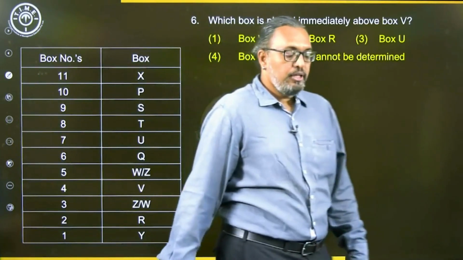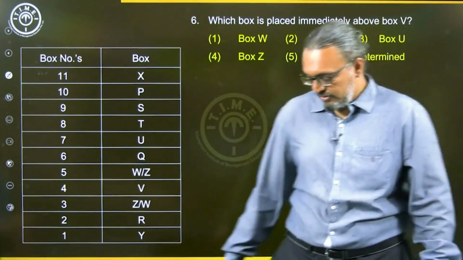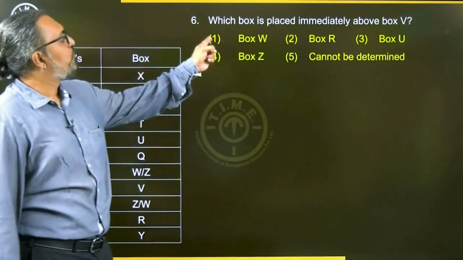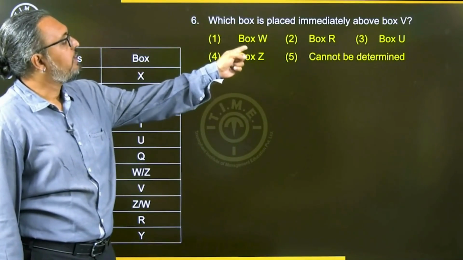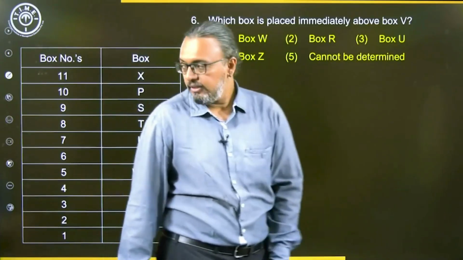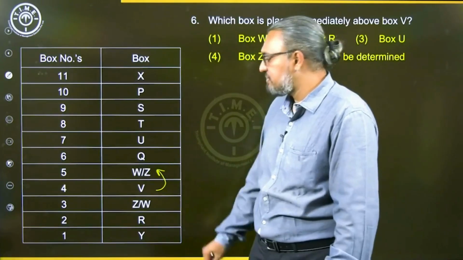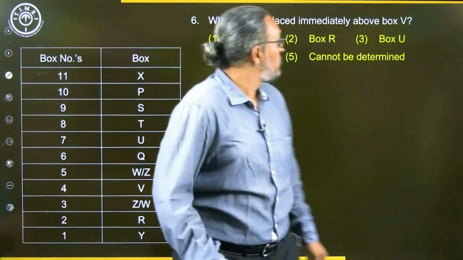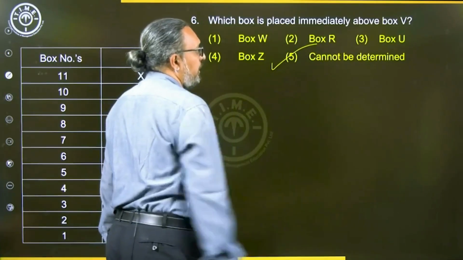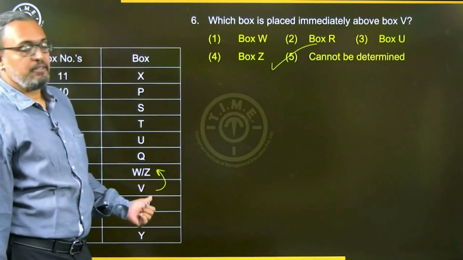Yes, so we have the information here. Let's see the questions. Which box is placed immediately above box V? Okay, immediately above box V, do we know which box is placed? No. So you should say cannot be determined, because it is either W or Z, correct?